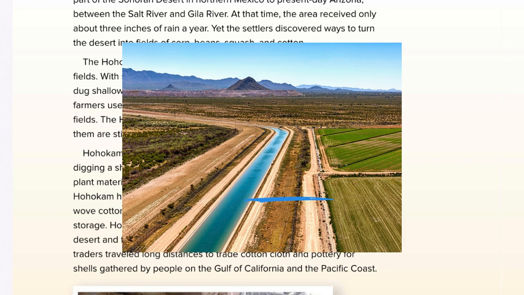They would put in gates made of wood or stone to stop water from flowing from the main canal out to the irrigation ditch that fed water to their field. And when they needed to water, they would lift or remove the gate. Water would flow out from the main canal over to the field where they would be able to water and grow their crops. So it's the same principle that we use today, and the Hohokam were using it a long time ago.